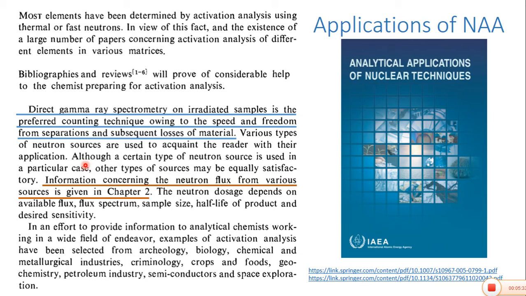But the area of application is very vast, and you can use it anywhere you would like to determine elements. We cannot limit the application of neutron activation to just the fields I have mentioned here; the scope of neutron activation analysis is beyond these fields as well.